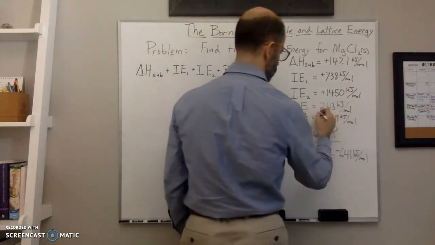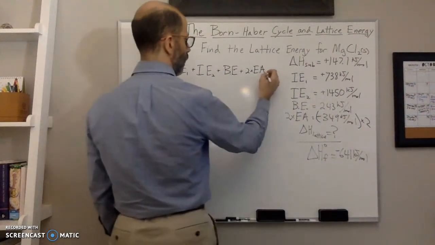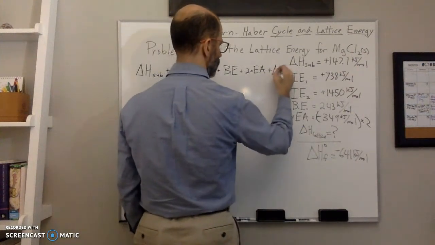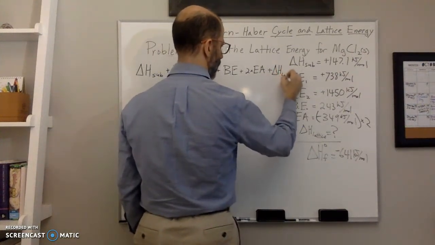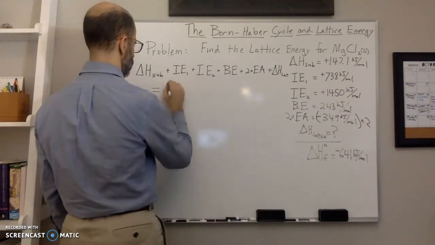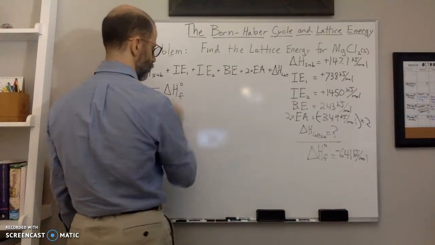So again, this is times 2, plus the lattice energy. So delta H, I'm going to say lat. And all of this is equal to the standard delta H formation.